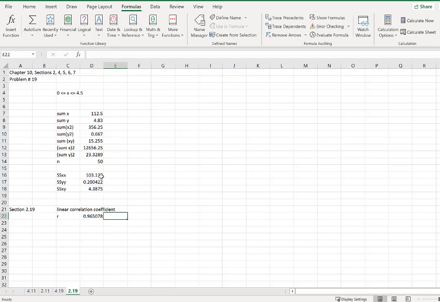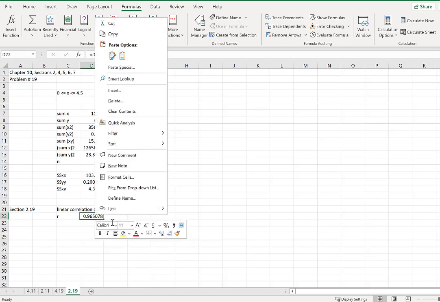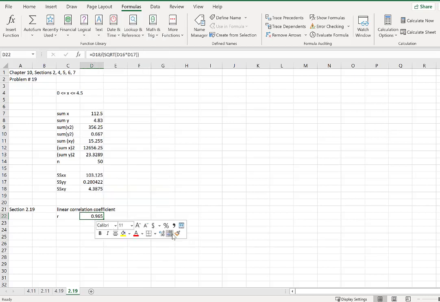As I mentioned in the other video, we've got lots of significant digits here. Don't need all those significant digits. So in this case, my linear correlation coefficient for problem 19, R, is 0.965.